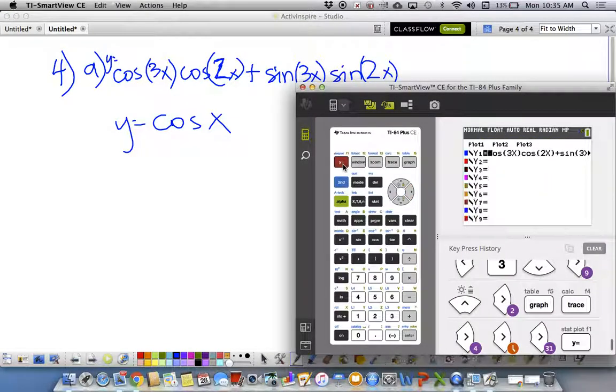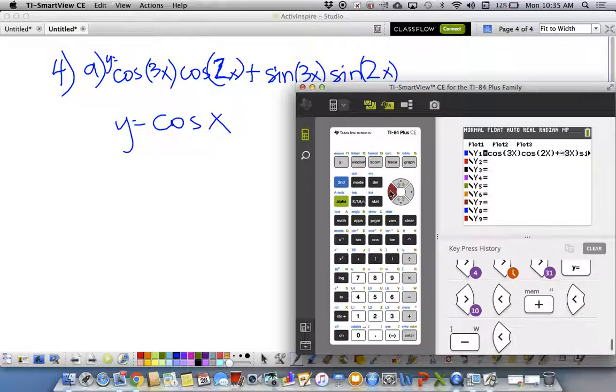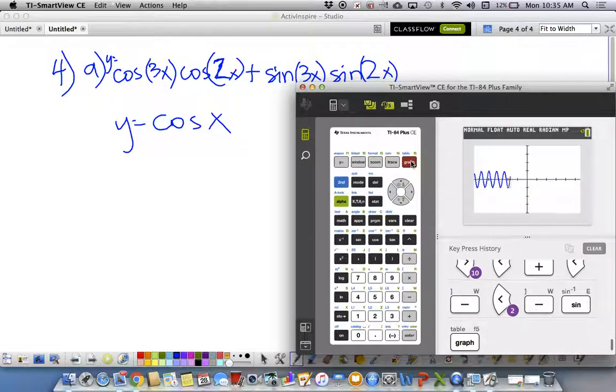If I want to go to y equals and I need a plus sign there, plus. Nope, minus. This is what happens when I'm rushed and I think. There we go, graph. So then I'm going to trace. I'm going to go over to 2 pi. How many times is it going to repeat in 2 pi terms? So if I go here, 1, 2, 3, 4, 5.